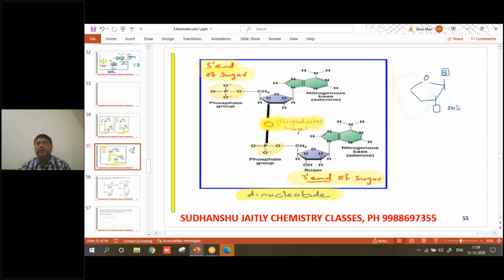It may be having OH or H. Base can be ATCG or base can be AUCG, RNA and DNA. This is going to be the phosphate, right? Here, I'm just symbolically representing the phosphate unit will be formed.